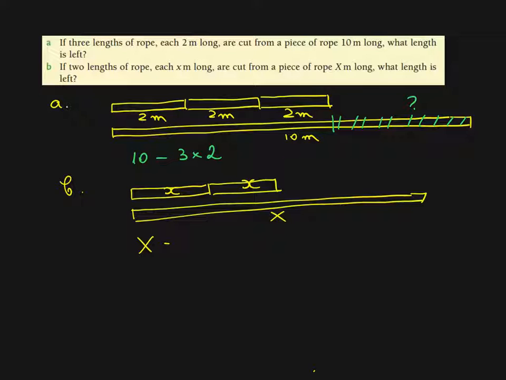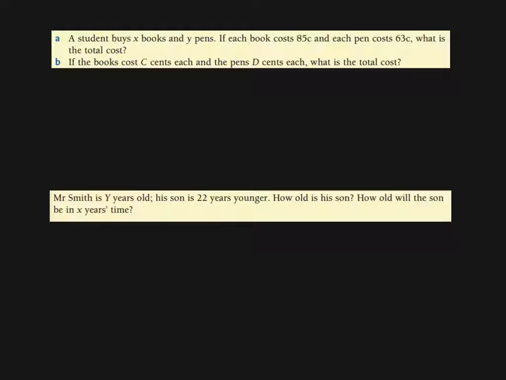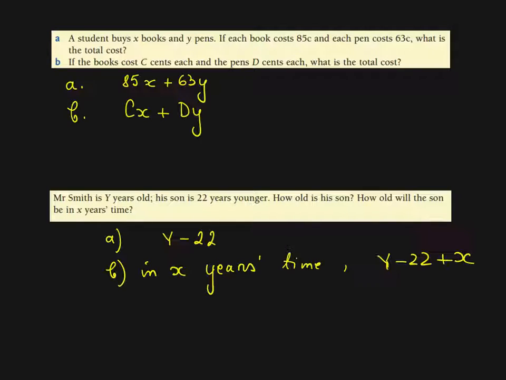X, take away 2x. And see, in algebra we make a difference between capital letters and small letters. They are different variables. See how the pattern here is followed here. Whatever I do with numbers, I will do with letters. You can pause the movie and try these 2 questions. And here are the answers.